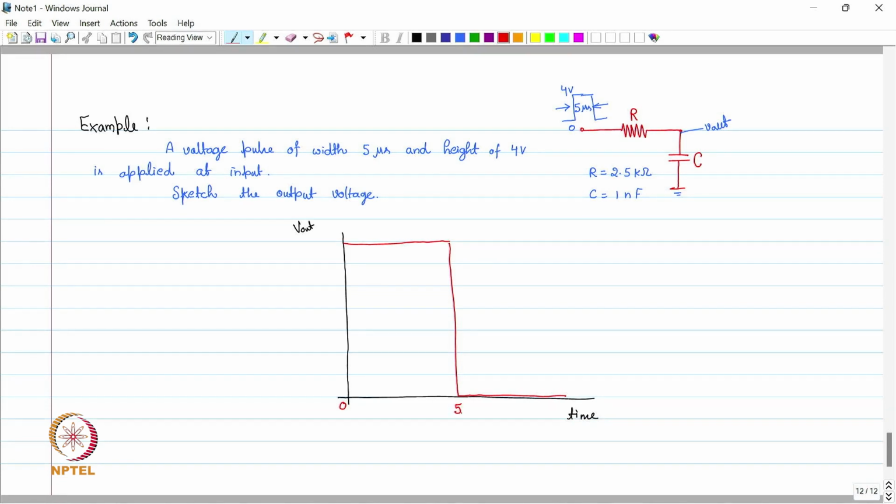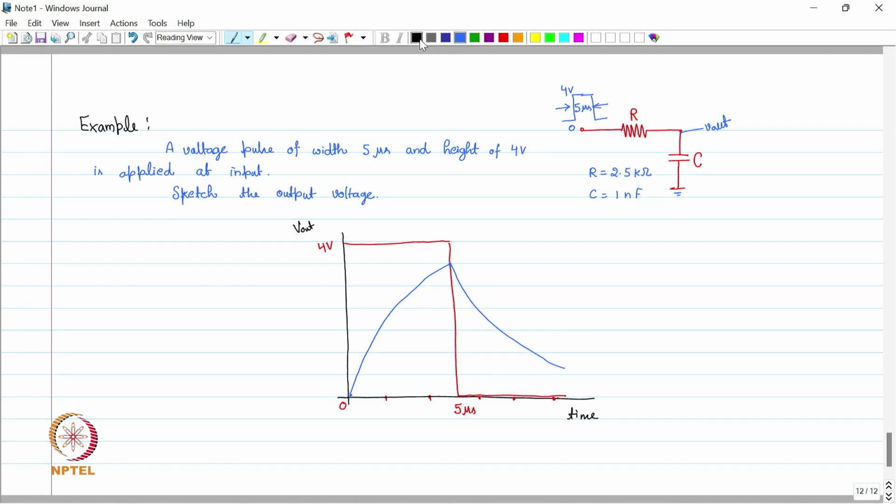So this is 5 microsecond, and this is 4 volt. Now the input will rise, the output will rise, it reaches its maximum value, whatever is there at 5 microsecond, and again goes down following the input.